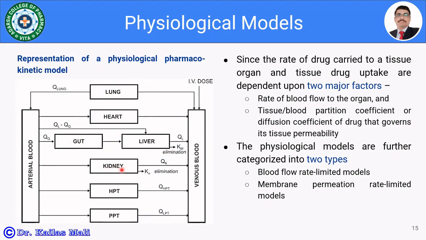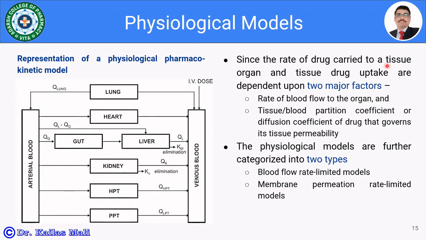Then from the kidney, it is going to be eliminated. For the liver, the rate constant is Km. For the kidney, it's Ke. Then the highly perfused tissues and the poorly perfused tissues have blood flows QHPT and QLPT. So in this way, it is possible to represent the physiological pharmacokinetic model.